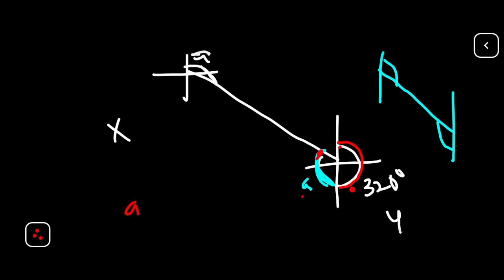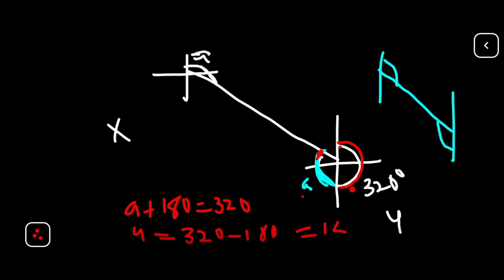So let's say A plus 180 will give you 320. So that means that A is equal to 320 minus 180, which will give you 140 degrees. And since A is 140 degrees here, A here is also 140 degrees. And that's the answer.